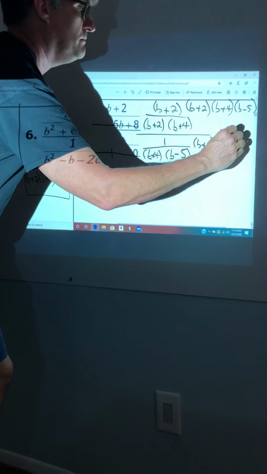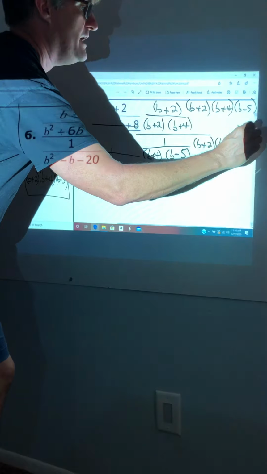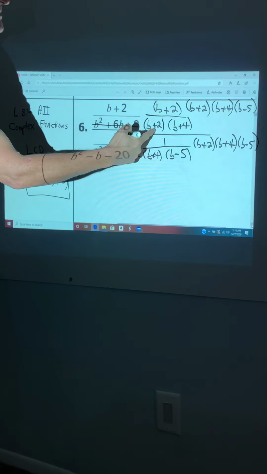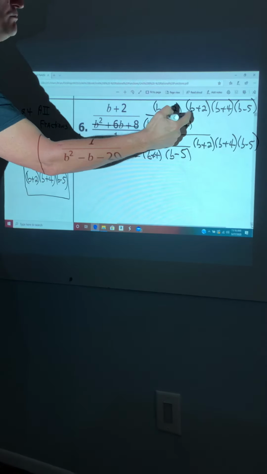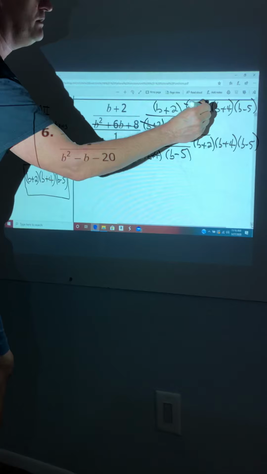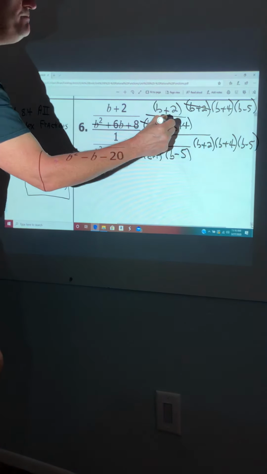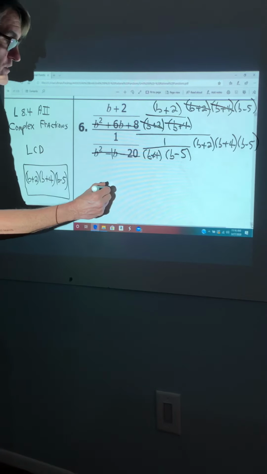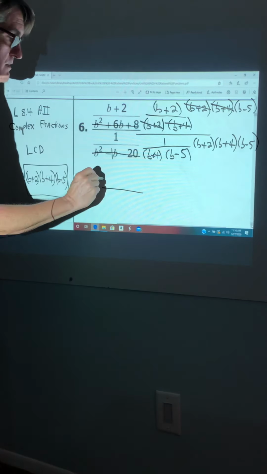Stay with me. But you're not actually going to multiply. You're going to get cancel happy, okay? So look, b plus 2 is in the bottom, b plus 2 is in the numerator, so you can drop them out of there. b plus 4 is in the bottom, b plus 4 is in the top. So you're only left with, in my new fraction, b plus 2, b minus 5.